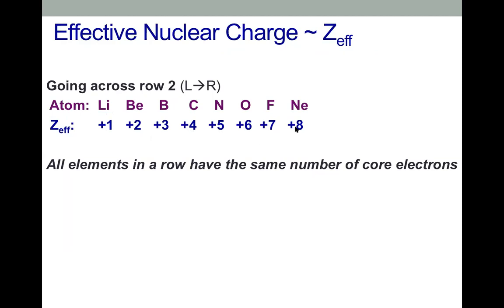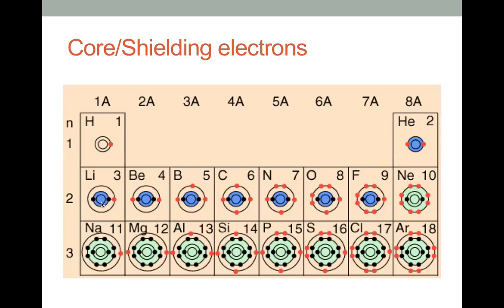And the reason it's increasing by 1 every time is if you look at them, they all have 2 core electrons. Neon has 2, lithium has 2. So in a row, the core electrons never change. And so as we go across, we're adding 1 valence electron, but we're also adding 1 proton every time. Lithium has 3 protons, 4 protons, 5 protons.